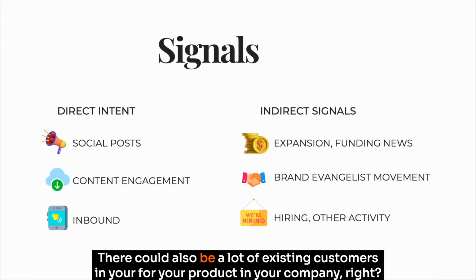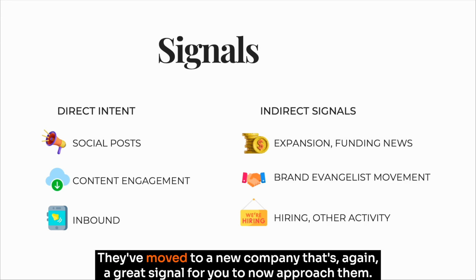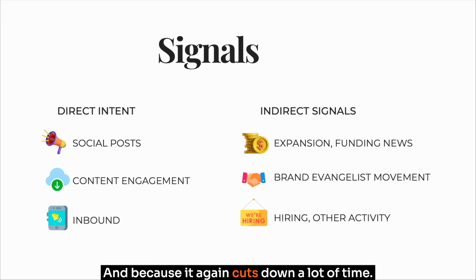There could also be a lot of existing customers for your product in your target companies, right? So imagine if you sold to them, they're already happy using your product. They're almost like a brand evangelist. Now they've moved to a new company. That's again a great signal for you to approach them, because it cuts down a lot of time.